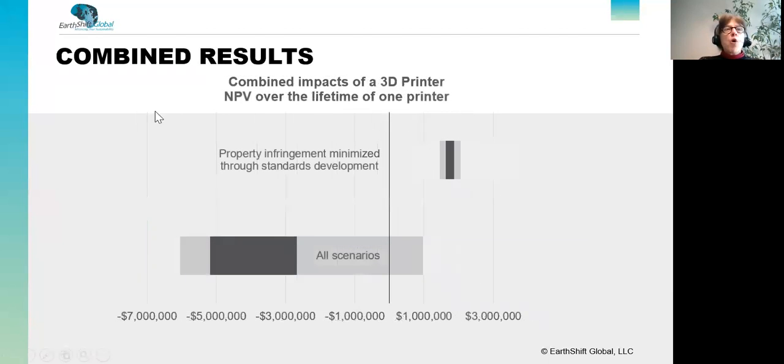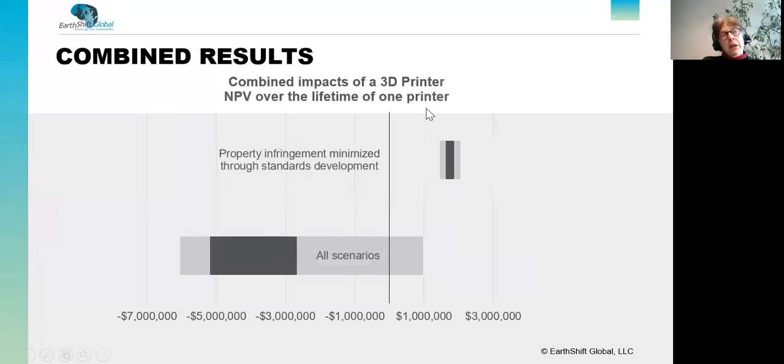And so we looked also at what if standards were developed to actually minimize that design piracy. If I add all my scenarios together, I see that design piracy is pulling us down, and we don't have a real great return on investment for our 3D printer.